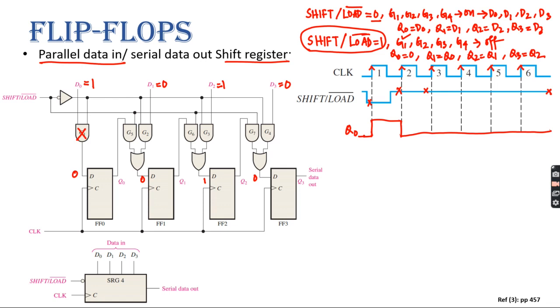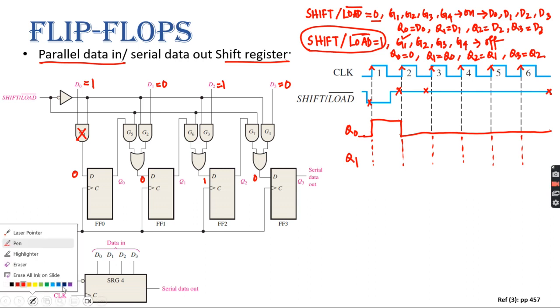So now if you draw the output for Q1, what will happen whenever this value is 0? Let me draw the pulse first. So let me draw it with another color.